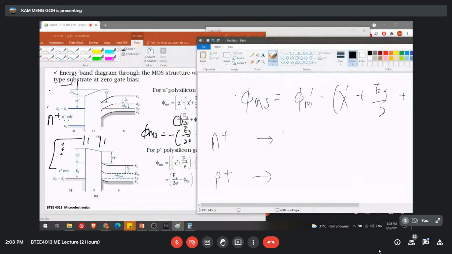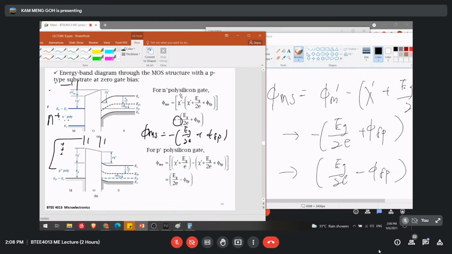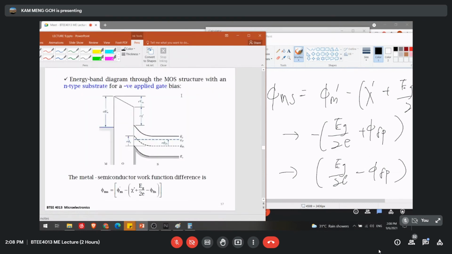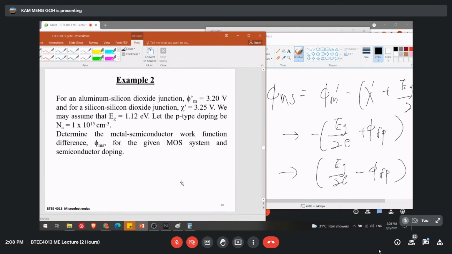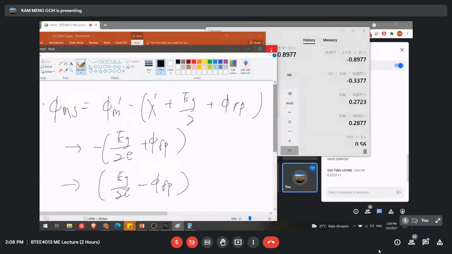This is N plus: negative Eg over 2E plus delta Fp. This is P plus: Eg over 2E minus delta Fp. So if this is an N-type semiconductor, generally still the same, just that you need to use the minus sign only. Okay, so I think this will be the lecture content for today.